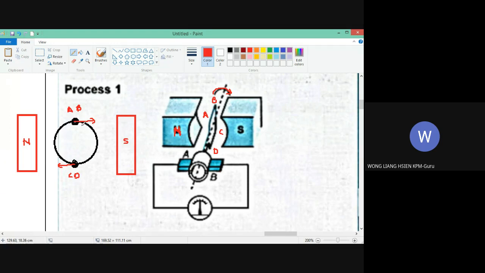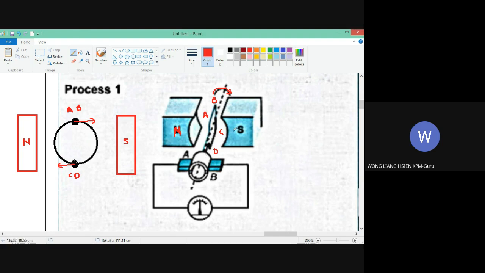So that means there is no cutting of the magnetic flux. If no cutting of magnetic flux, then there will be no induced current. You see that? So when in this position, there will be no induced current.